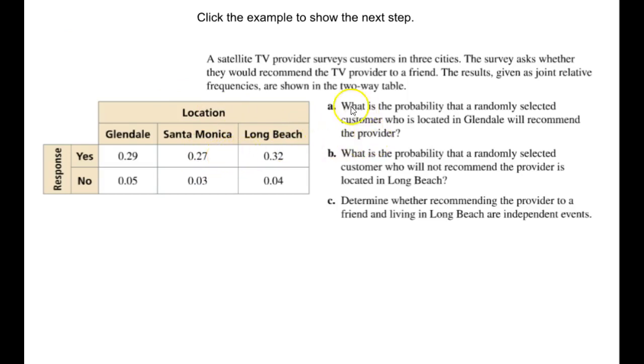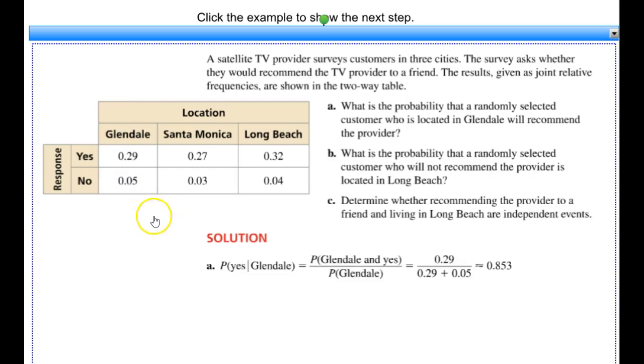I want to find the probability that a randomly selected customer who's located in Glendale will recommend the provider. So I want to find the probability that they say yes and they're in Glendale. So I find the probability of Glendale and yes, they've said yes and they're in Glendale, divided by the probability that they live in Glendale. So I can just add these two things together to find that total that would go down here.